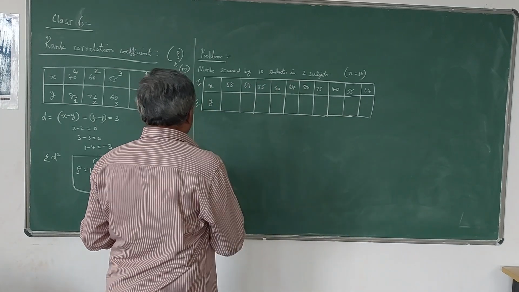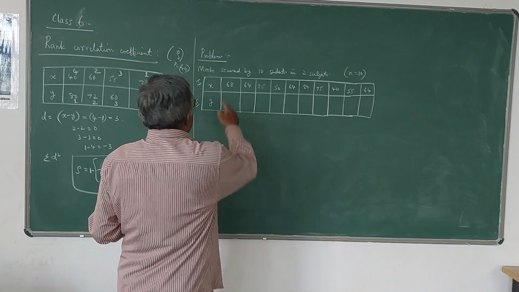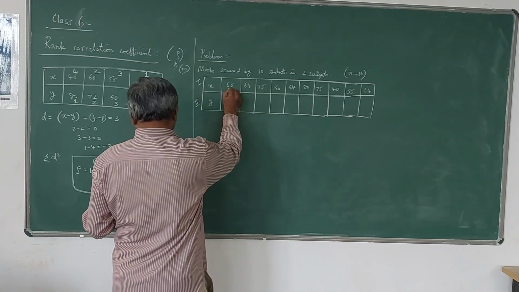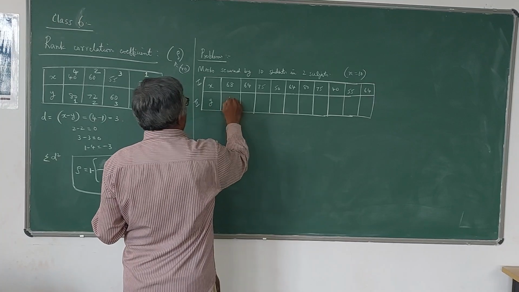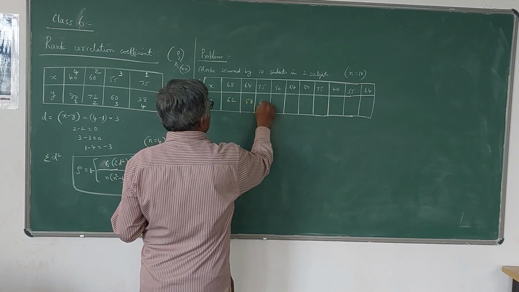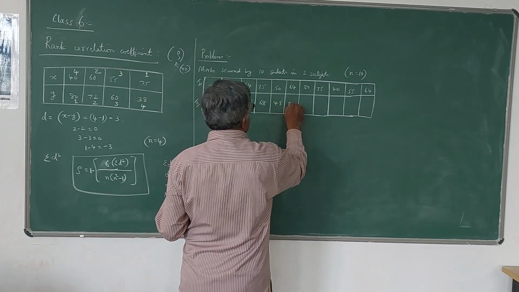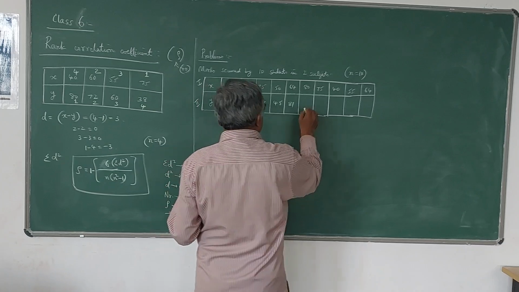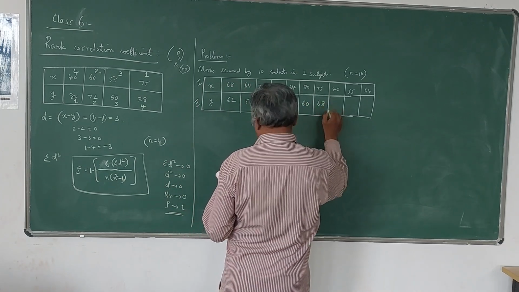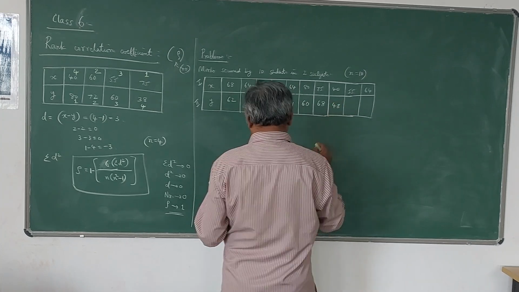In the other subject, Y, the marks secured by the first, second student and so on are as follows. The first student has secured 62, the second student 58, the third student 68, then 45, the fifth student 81, the sixth student 60, the seventh student 68, the eighth student 48, the ninth student 50.